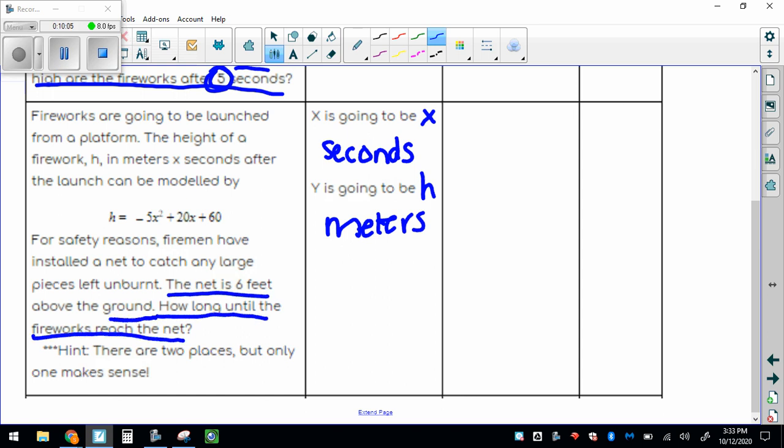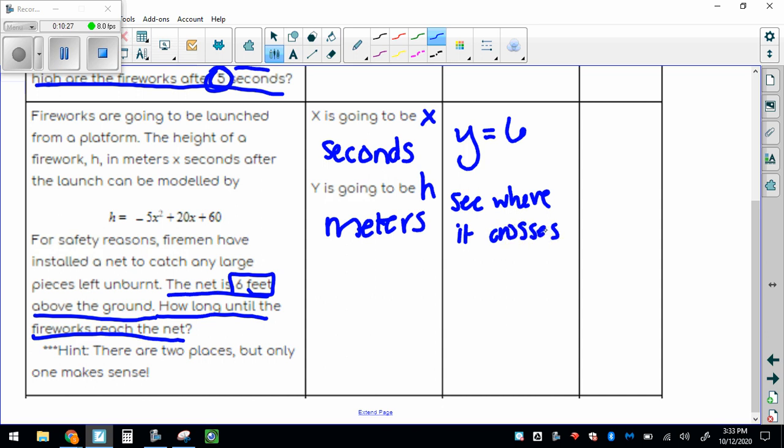So this is another one where it gives us a specific number. The net is 6 feet. That's a height. So in this case, it's going to be y equals 6 because we're talking about the height. All right, so type it into Desmos, see where it crosses. Now, I gave you a hint here.